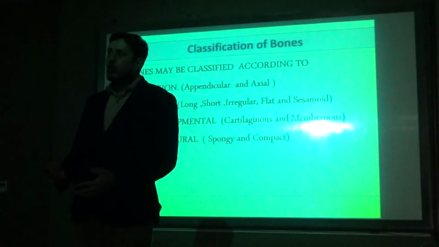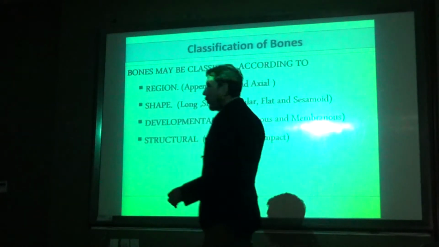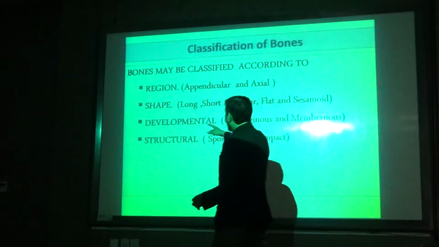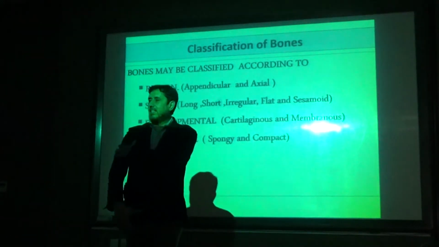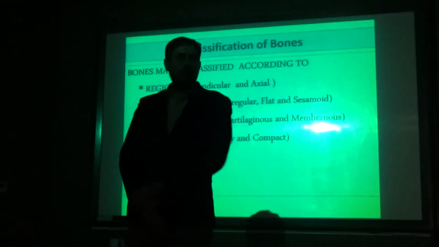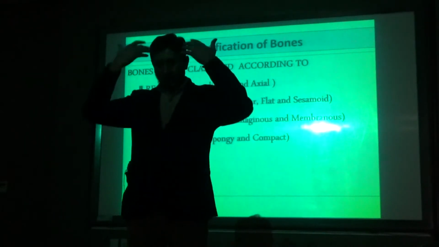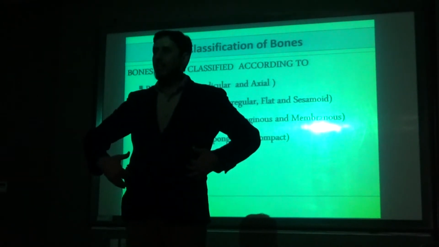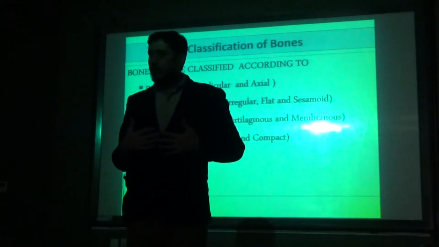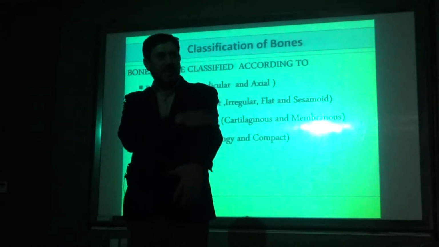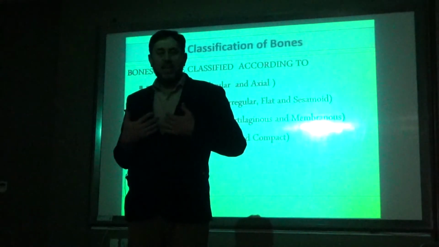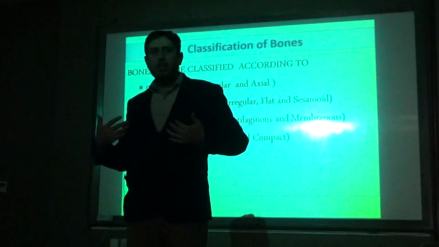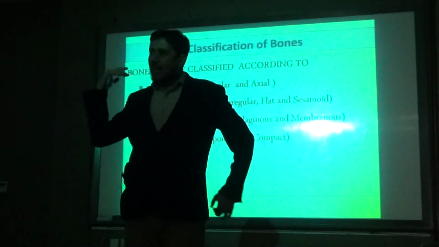Okay. So these are all the same bones, but I am discussing according to the region where the bones are. These are known as appendicular, means not on the center. This one is known as the axial skeleton. Where is the rib? Is the rib present in the axial skeleton or the appendicular? Axial. And where is the sternum and the vertebral column? In the axial skeleton.